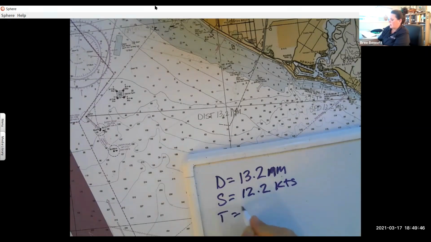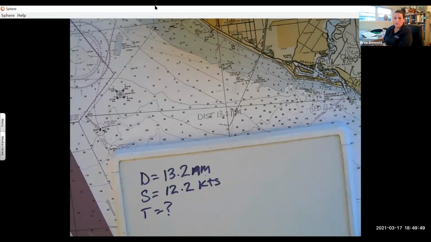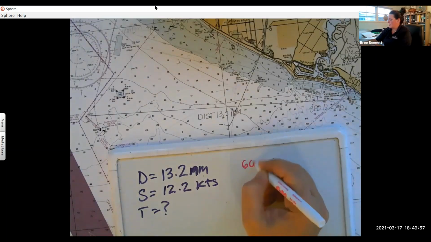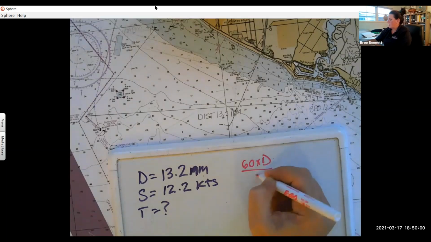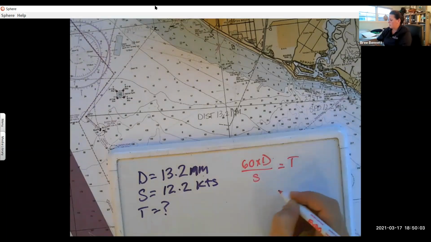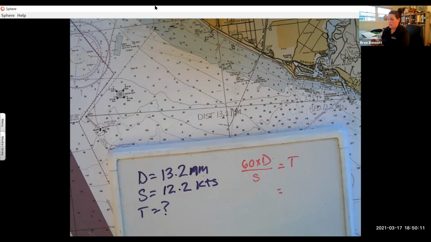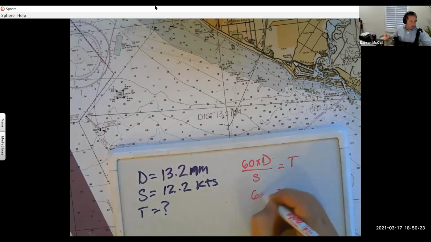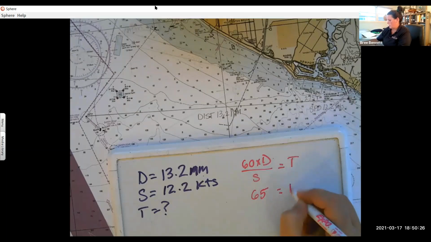What is the time? So we're looking at 60 times D divided by S to give us time. What is our time? About 65 minutes. Yeah, I got an hour and 4 minutes. 65, 64.